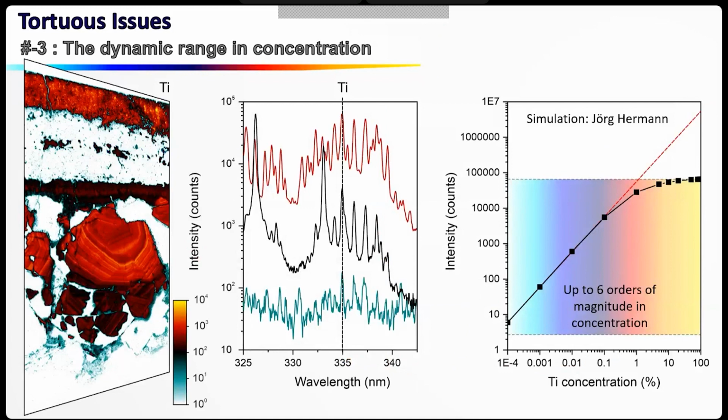So first, the sample is complex. Second, the emission spectra may be very complex. Third, there is something I did not talk about. It's not really a problem, but it's physics. Imagine that you have your plasma. Inside your plasma, you have emitters that send you photons in the direction of the detection and collection.